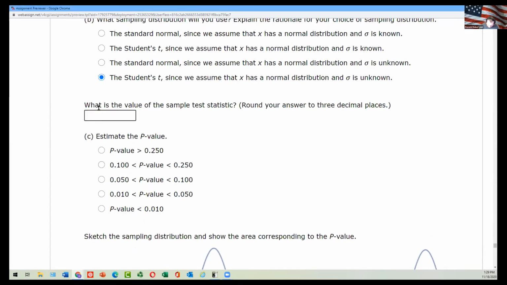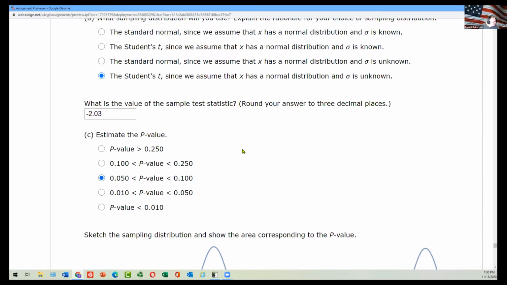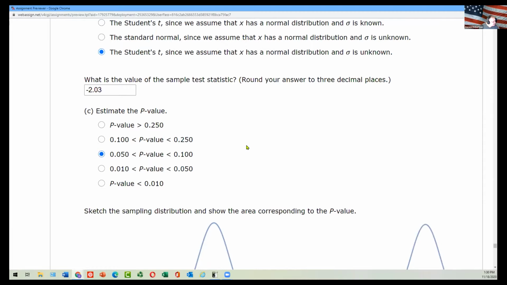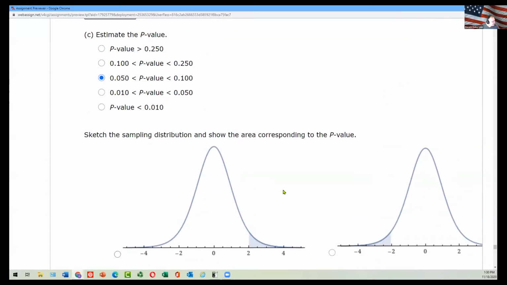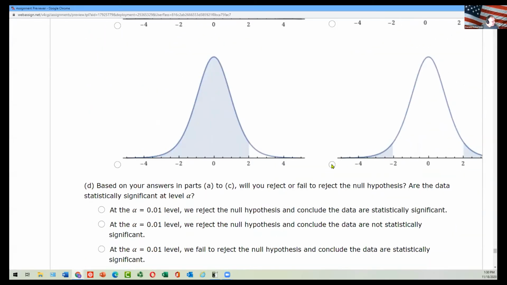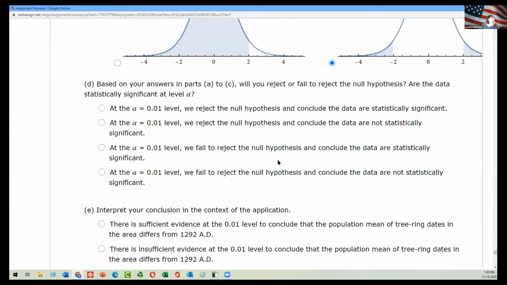So the T statistic is negative 2.03 and a P value of 0.07 would be that one. It's a negative number. So we're looking at negative, guys, two-sided. Oh, that one. Is it statistically significant?